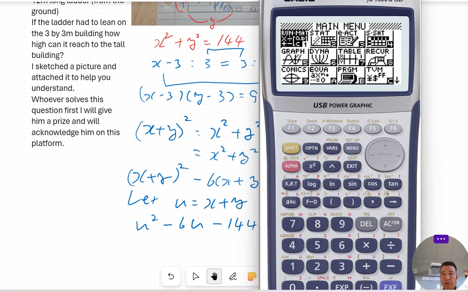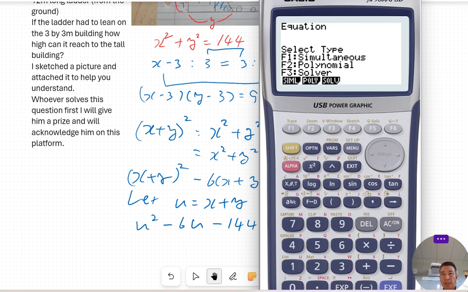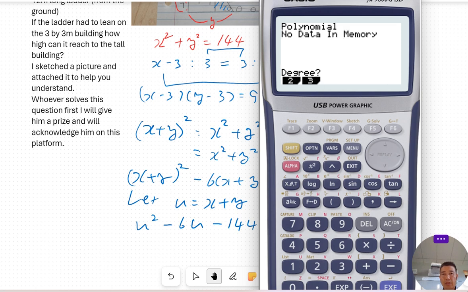So we go menu, equation, polynomial, and degree 2, and the coefficient of x squared is 1, and minus 6 and minus 144, and solve.